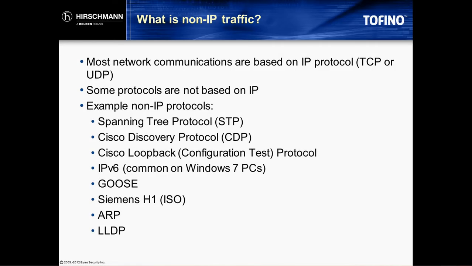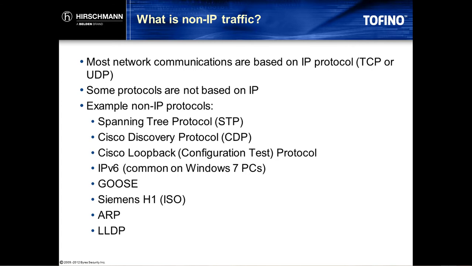One other issue we run into quite often is the topic of non-IP traffic. Now, most industrial protocols are based on IP. They use the IP addresses that are assigned to devices, and they typically will communicate on a protocol that's based either on TCP or UDP. However, there's a number of protocols that do not use IP or Internet Protocol at all.